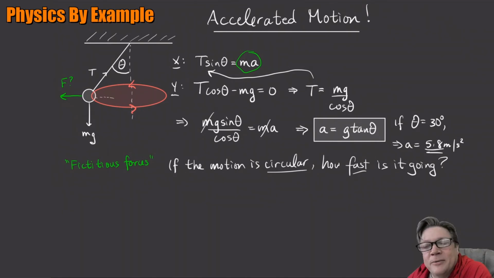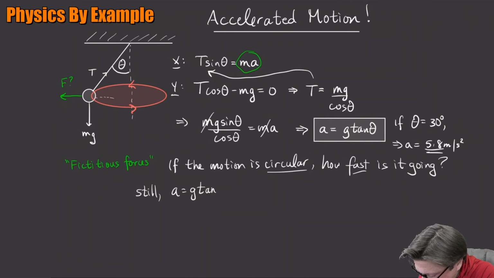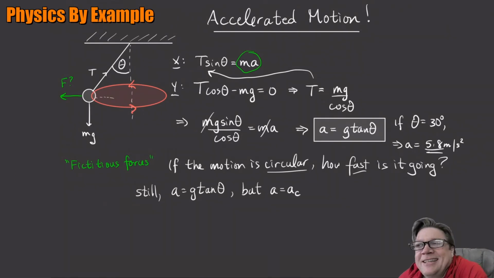The free body diagram is exactly the same, right? So still, a is g tan theta. That doesn't change. That's still true. But if it's going around in a circle, what you might know from class is the acceleration is centripetal. It's pointed towards the center.